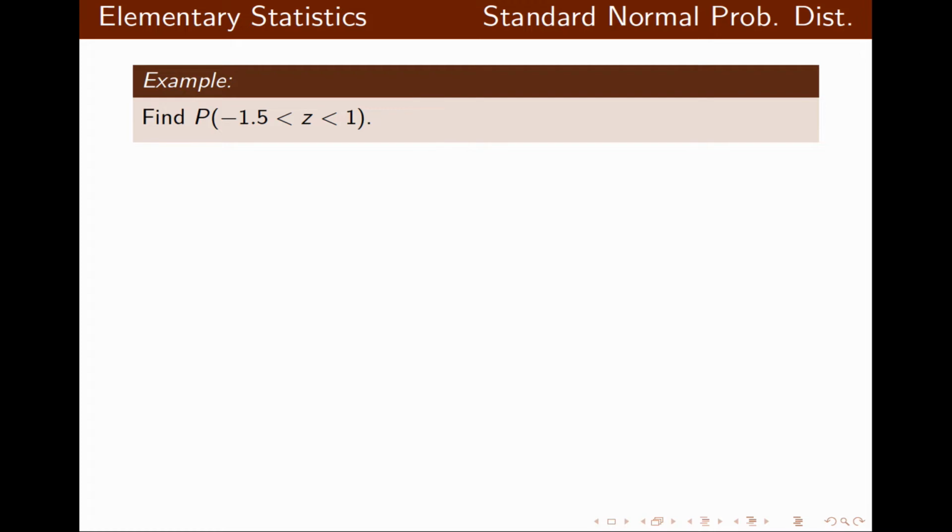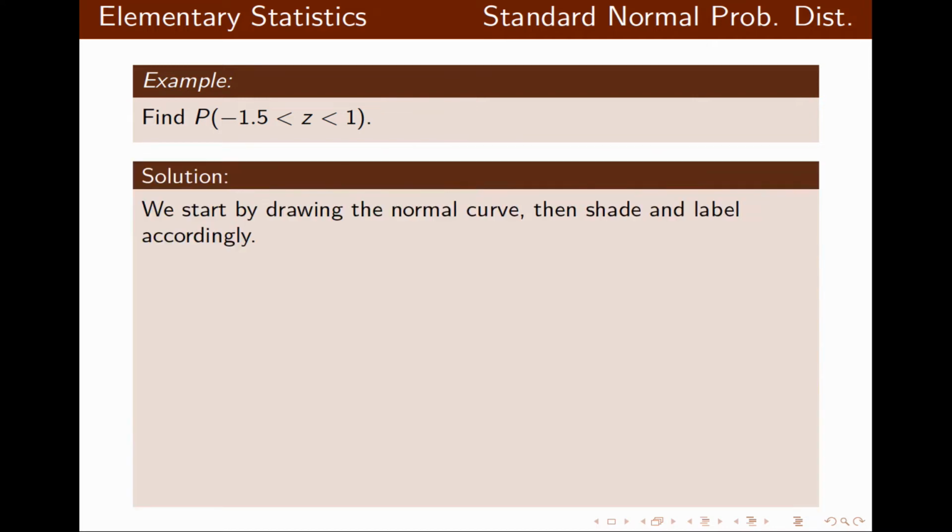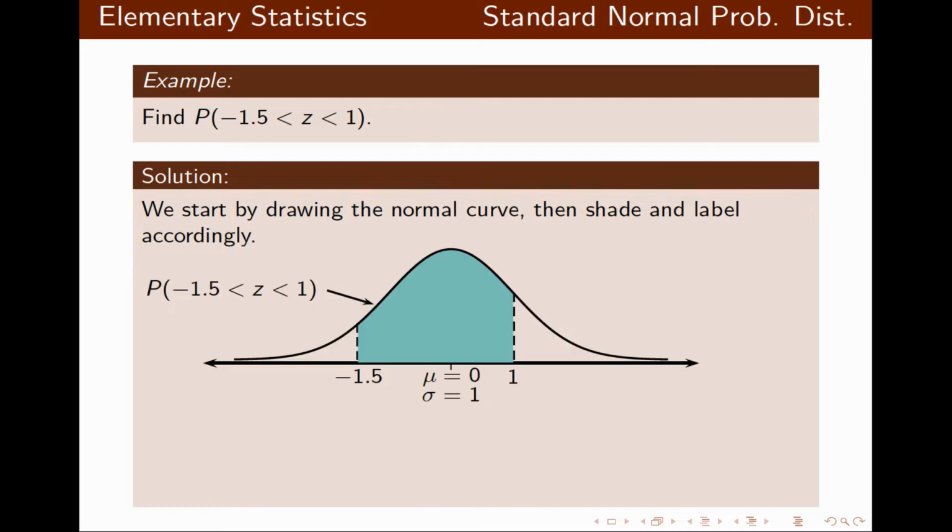In this example, we want to find probability that z falls between negative 1.5 and 1. We're going to draw the normal curve and shade it and clearly label it. So the shaded region represents the probability that z falls between negative 1.5 and 1.